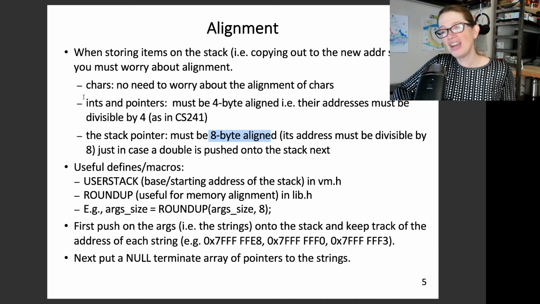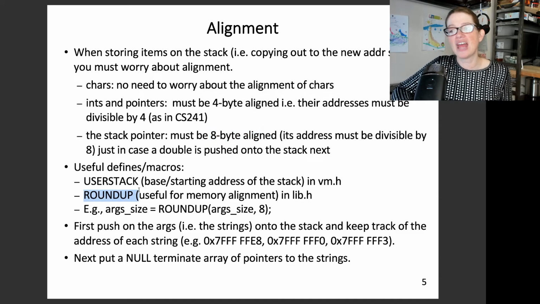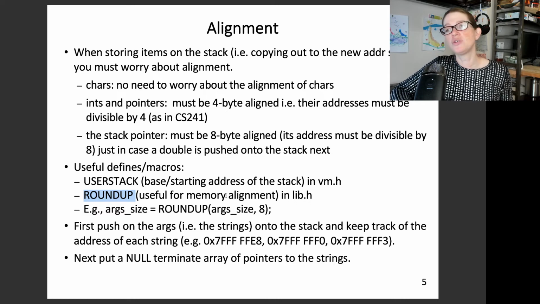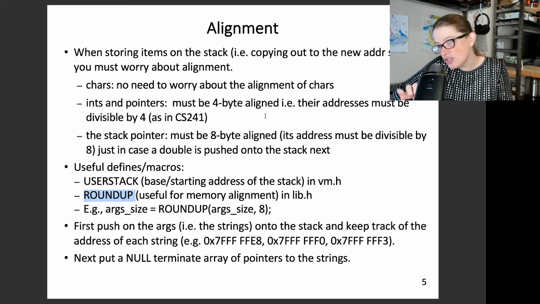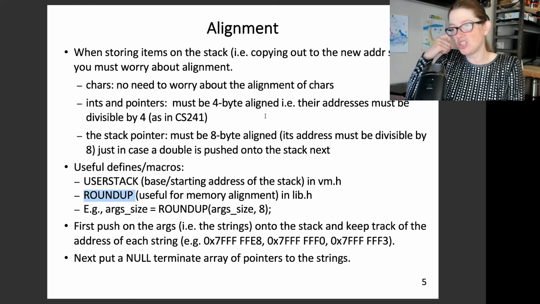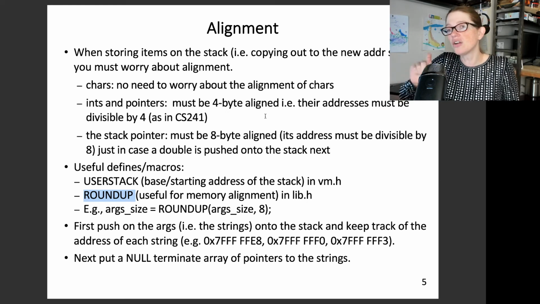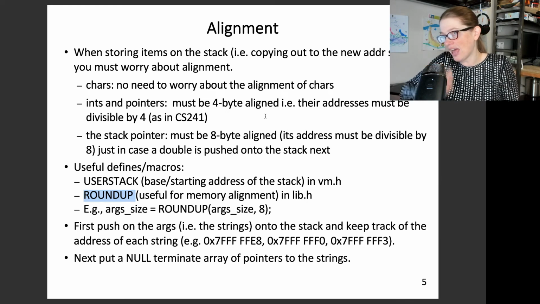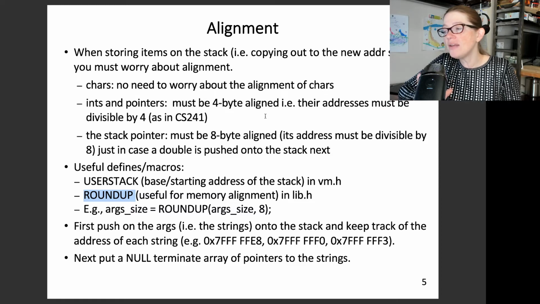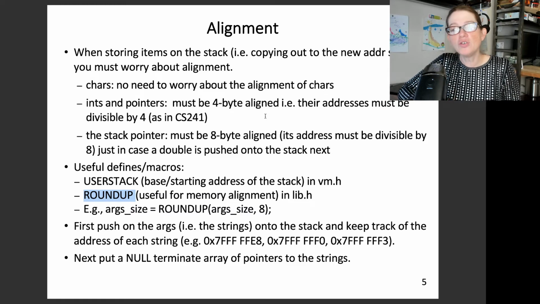And there are very handy macros in OS 161 to help you round up things. So what you're going to do to align things on your stack is first you're going to push the strings onto the stack. So the strings are going to actually be at the highest stack addresses. No alignment is required here, but do make sure that your strings are null terminated.